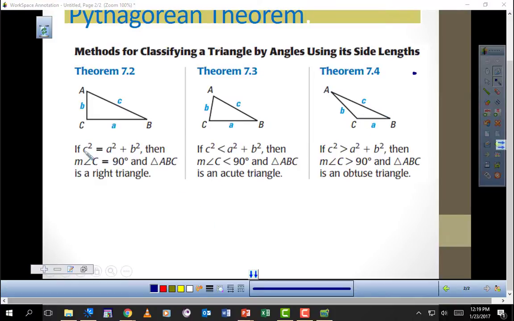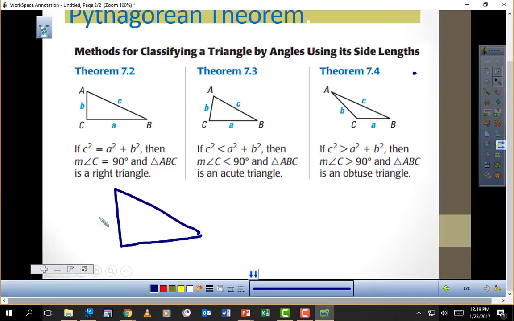And when you try this Pythagorean theorem idea, like a squared plus b squared, if you have some triangle that you're not sure about, like let's say I have this triangle here, and I've found the lengths of them.